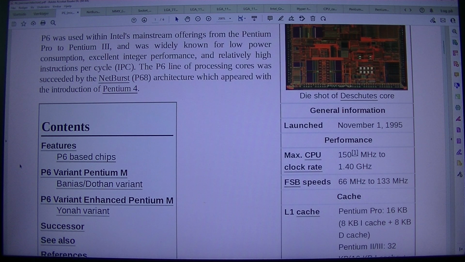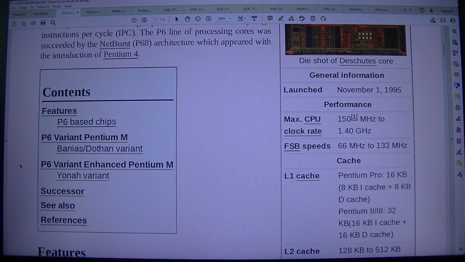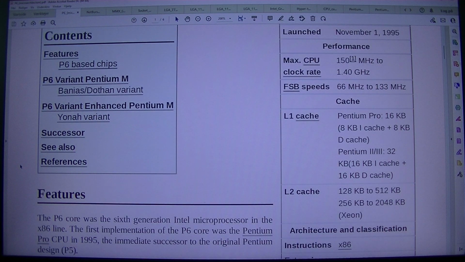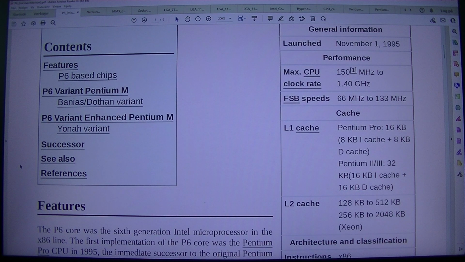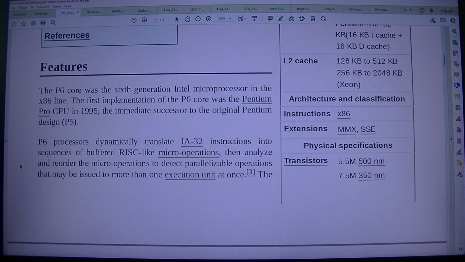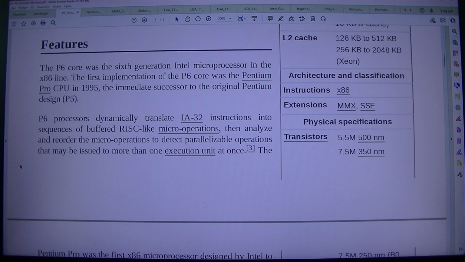Contents. Features. P6 based chips. P6 variant Pentium M, Banias/Dothan variant. P6 variant enhanced Pentium M, Yonah variant. Successor. See also. References. Features. The P6 core was the 6th generation Intel microprocessor in the x86 line.